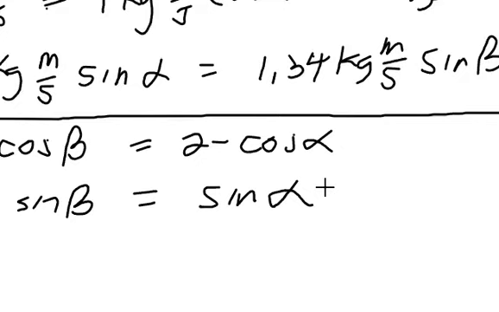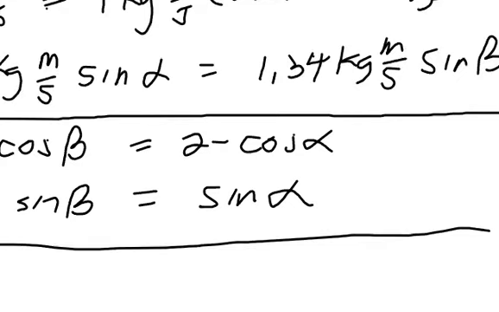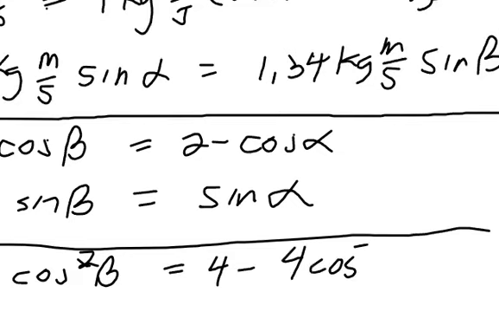All right, now I'm going to square both equations and I will get 1.84 cos squared beta equals 4 minus 4 cos alpha plus cos squared alpha.